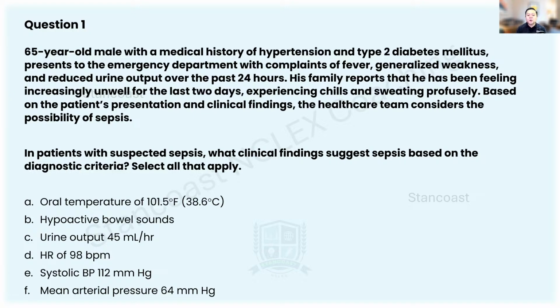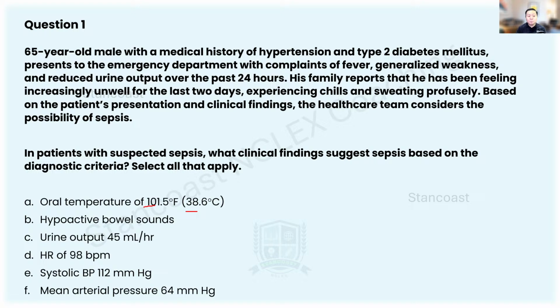Let's see on letter A. Okay, oral temperature, which is 101.5 degrees Fahrenheit or 38.6 degrees Celsius. All righty. So take a look into the value. 38.6, 101.5 degrees Fahrenheit. The patient here has an elevated temperature, right?